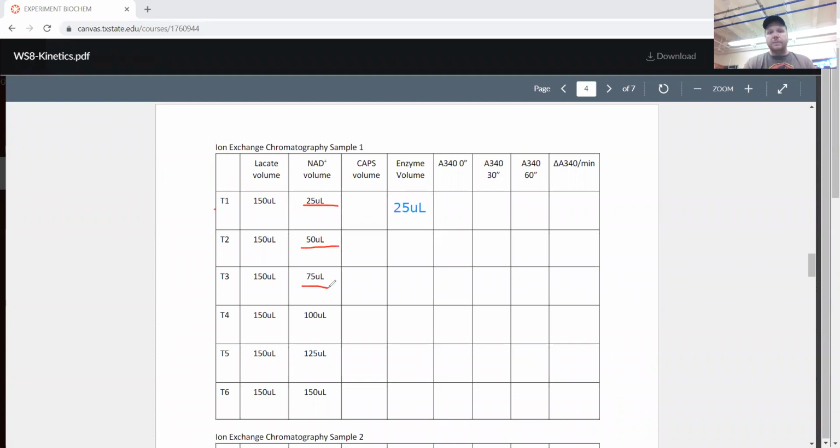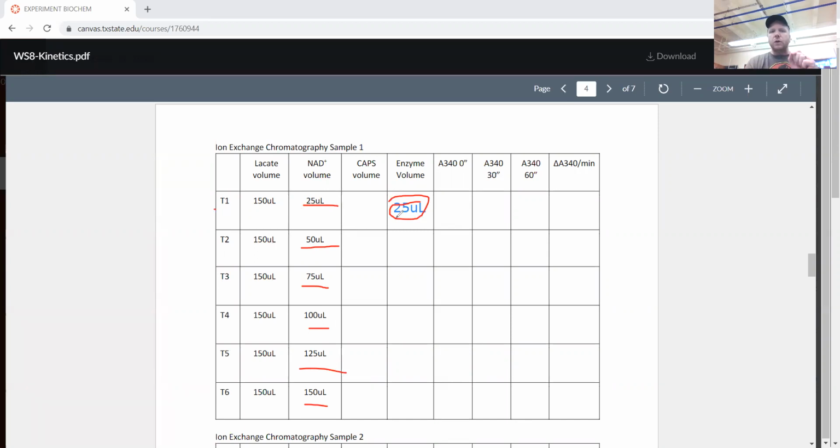I'm varying my substrate concentration so that I can then put together Michaelis-Menten and Lineweaver-Burk plots. The total volume amongst lactate, NAD+, CAPS, and enzyme will equal 1,000 microliters. This 25 microliters is a hypothetical. You have to complete part 1 in order to get the value for part 2.